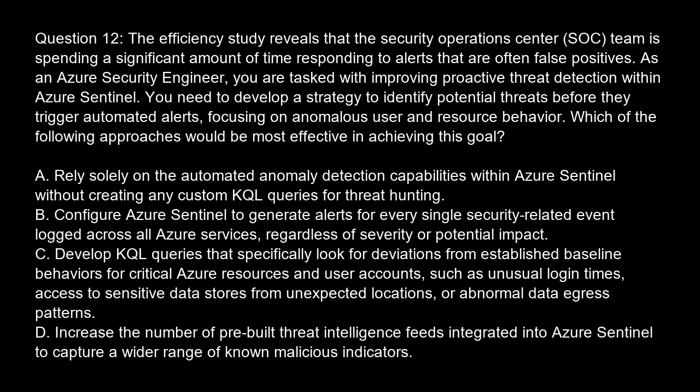Option C. Develop KQL queries that specifically look for deviations from established baseline behaviors for critical Azure resources and user accounts, such as unusual login times, access to sensitive data stores from unexpected locations, or abnormal data egress patterns. Option D. Increase the number of pre-built threat intelligence feeds integrated into Azure Sentinel to capture a wider range of known malicious indicators.